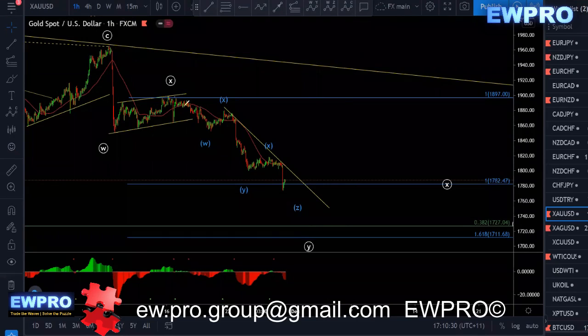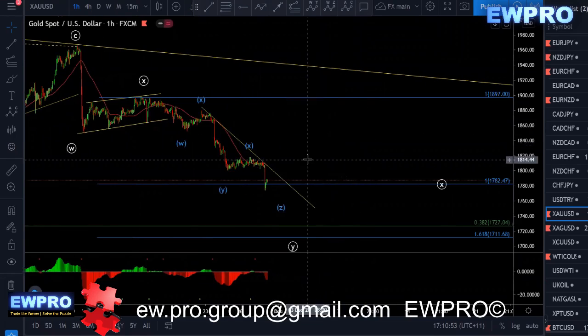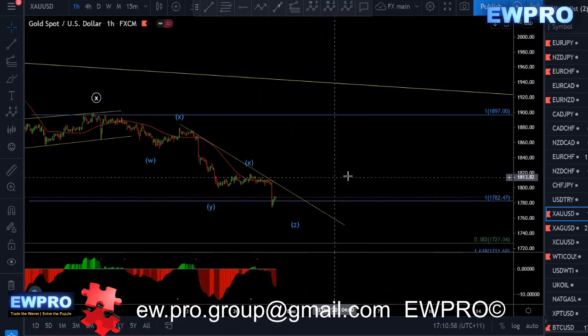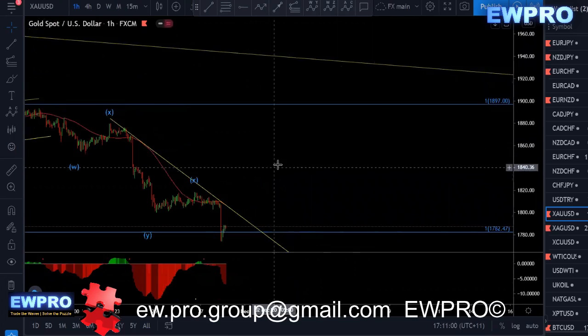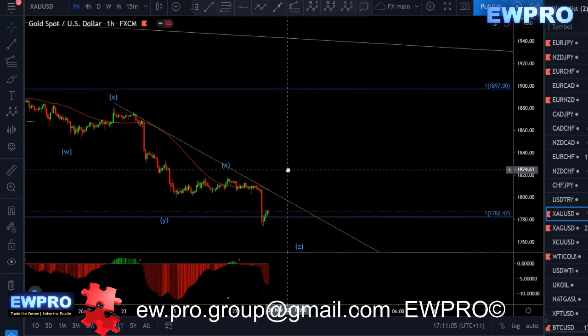So on the H1, we got a WXYXZ. We're getting that bullish divergence. Wherever this wave Z ends, that will be the end of this wave Y, and then we'll get that larger X2, wherever that happens over here. So we got bullish divergence. It's going to be tricky because it's going to be a correction, an H4 correction after this Z's over.